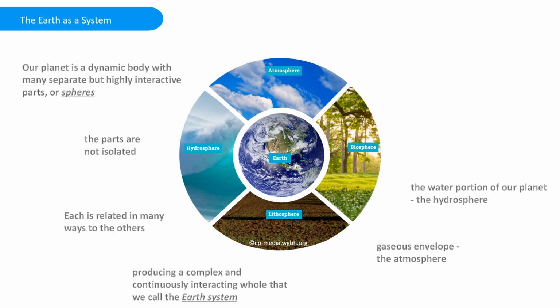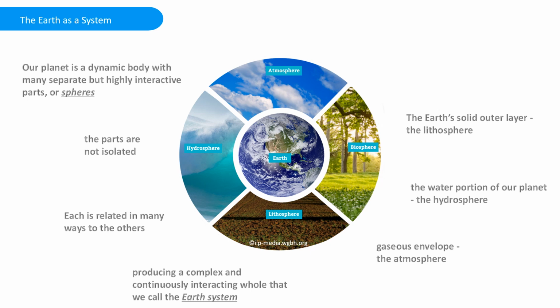This hydrosphere is blanketing nearly 71% of the Earth's surface. The hydrosphere also includes the fresh water found in clouds, streams, lakes, and glaciers, as well as that found underground.